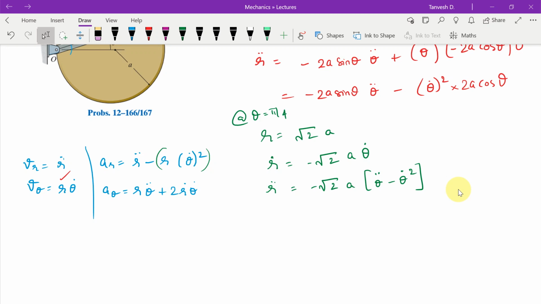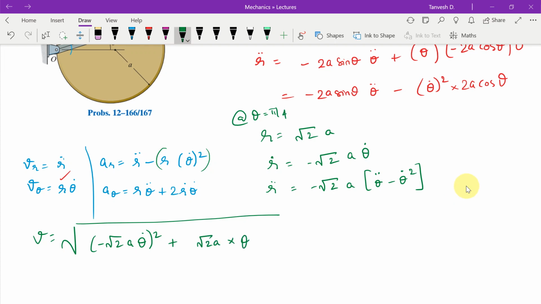So your Vr is your r dot, so this is directly your Vr. Vr is minus root 2a theta dot, or rather I'll just directly find the total velocity, the final velocity. It is under root of minus root 2a theta dot the whole square plus r theta dot, r is root 2a and this is theta dot, this would be the whole square.